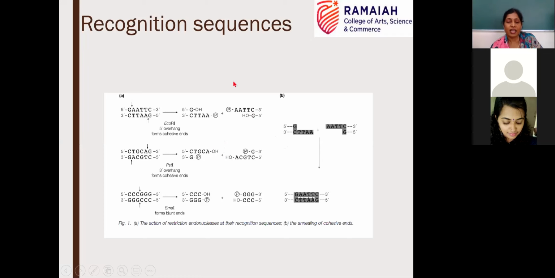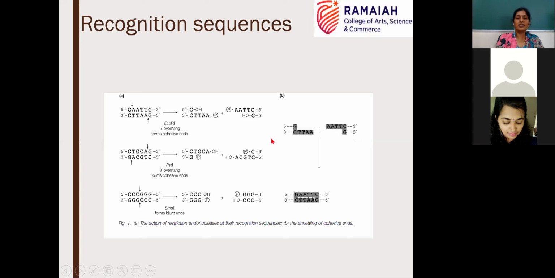They are able to base pair with each other when similar ends are put together. When compatible ends are allowed to join, they bind by base pairing, forming hydrogen bonds with each other, and they can be covalently joined further by the activity of DNA ligase.